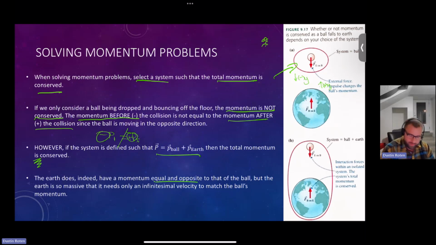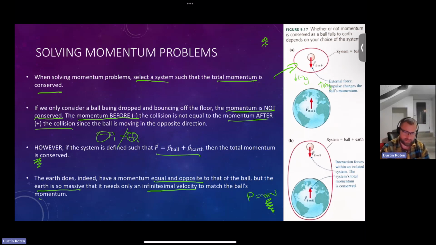But remember, momentum is mass times velocity. So because the mass of the Earth is just so big, it doesn't have to do a lot of moving to make up for the ball. The Earth is just so massive that it only needs to move with just an infinitesimally small velocity to match the ball's momentum.